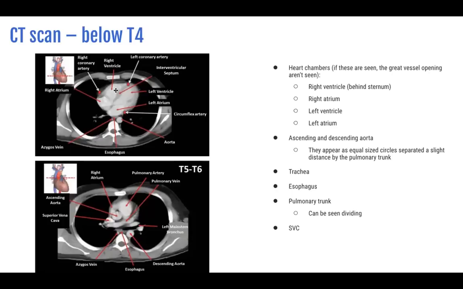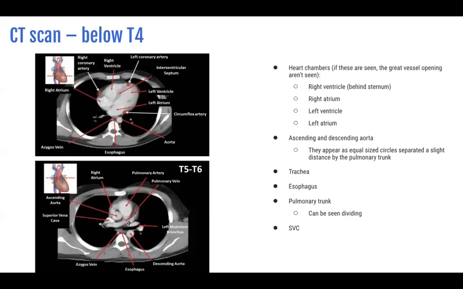But it's very easy to orient yourself with this one point. What is the most anterior structure? The right ventricle. What is the most posterior structure? The left atrium. Okay. And then likewise, what's connected to each one? So the right ventricle will be connected to the right atrium. The left ventricle will be connected to the left atrium. So it's very easy to orient yourself.